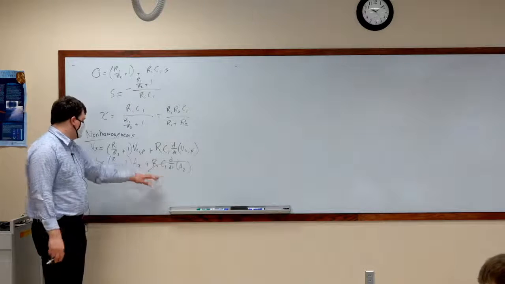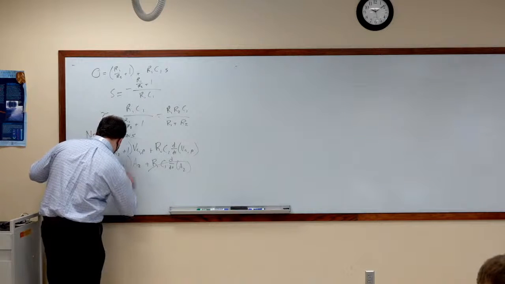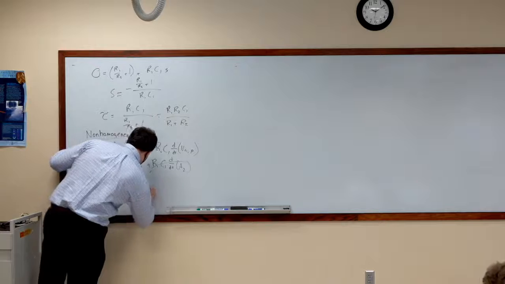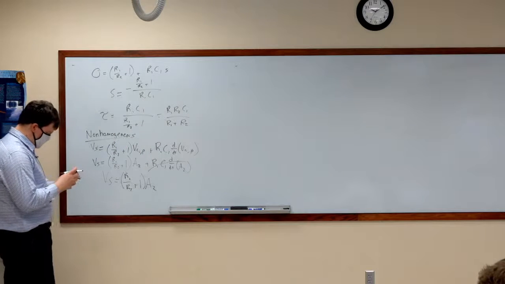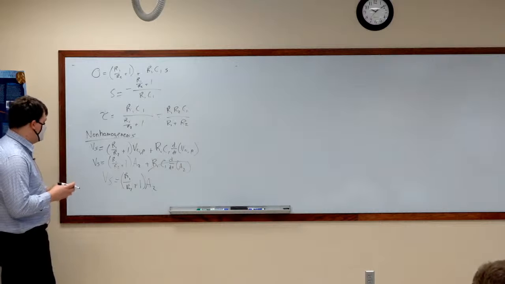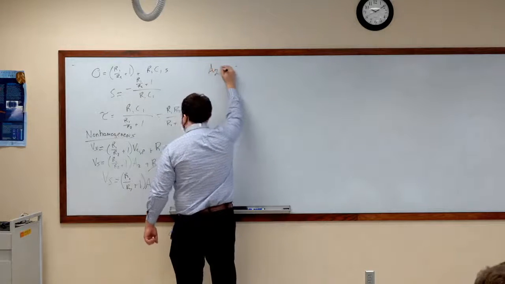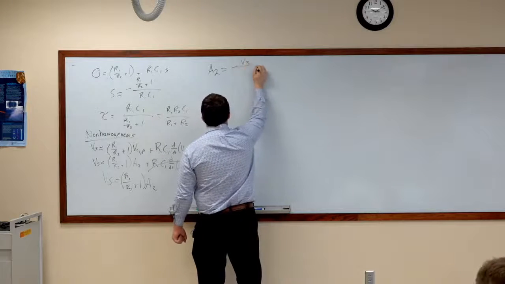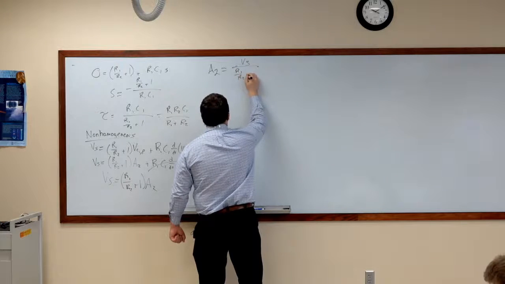This equals 0, which means what we're left with is Vs is equal to R1 over R2 plus 1 times A2. If we solve for A2, that means A2 is equal to Vs divided by R1 over R2 plus 1.